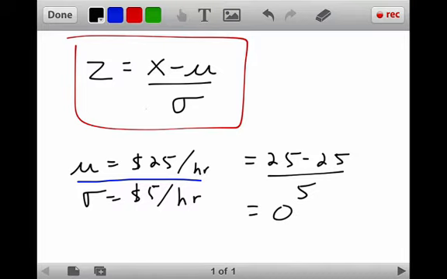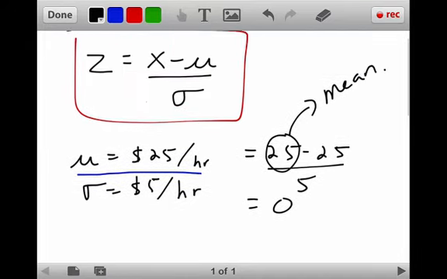So for an individual score of 25, which happens to be the mean of my population, this equals a z-score of 0. That shows us how we can convert the mean into a z-score.